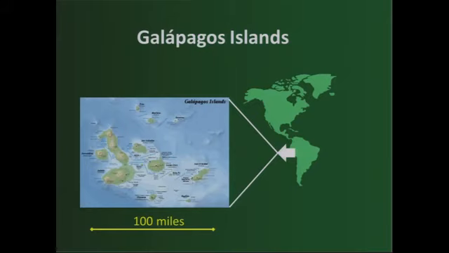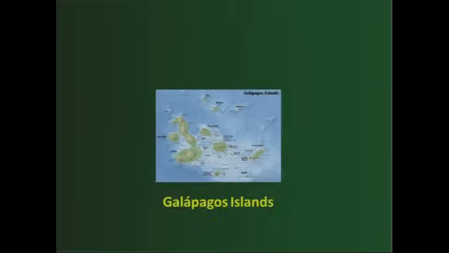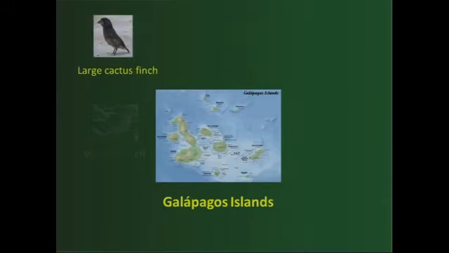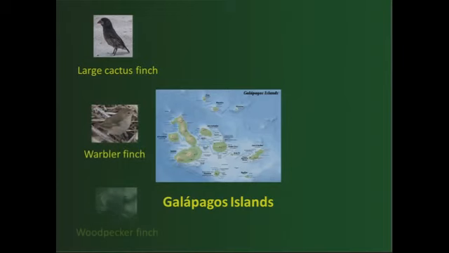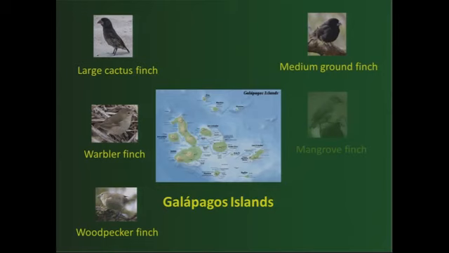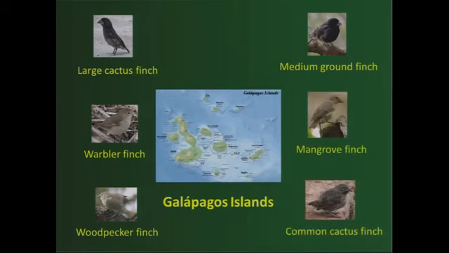And evolutionists make much of the different species of finch found here. We find, for example, the large cactus finch, the warbler finch, the woodpecker finch, the medium ground finch, the mangrove finch, and the common cactus finch. In fact, it's thought that there are around 13 different species of finch found on these islands.